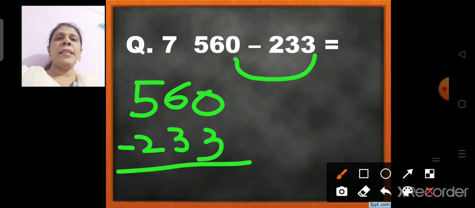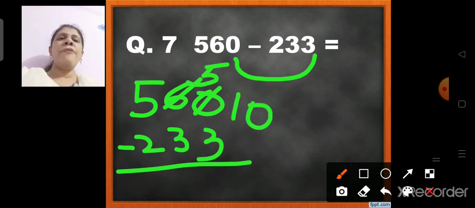Now 0 minus 3 is not possible. So we will cut 0 and make it 10. And this 6 we will make it 5. So 10 minus 3: after 3, 4, 5, 6, 7, 8, 9, 10. So 10 minus 3 is 7. 5 minus 3, after 3, 4, 5.